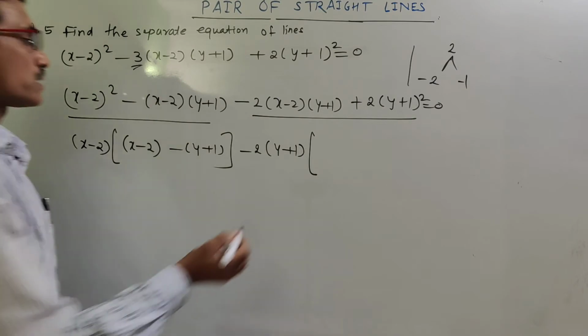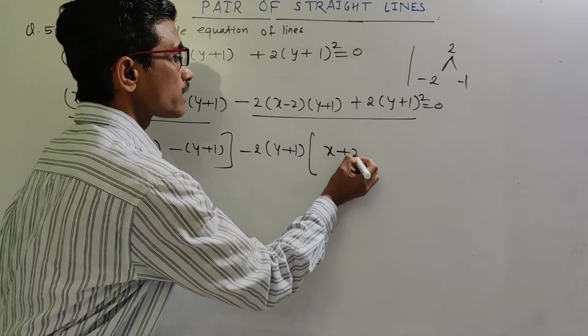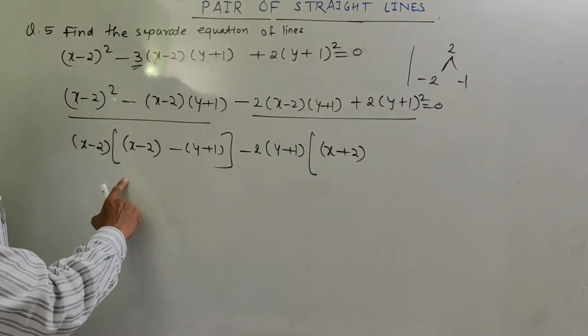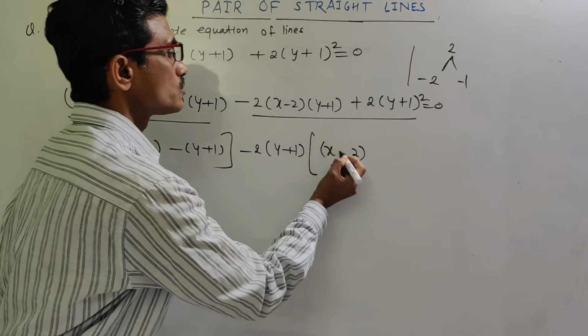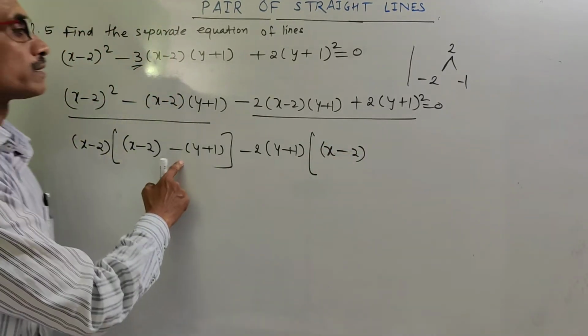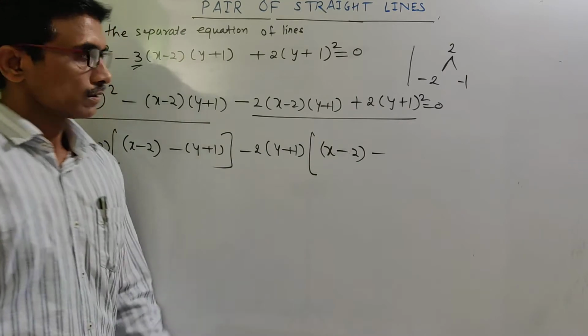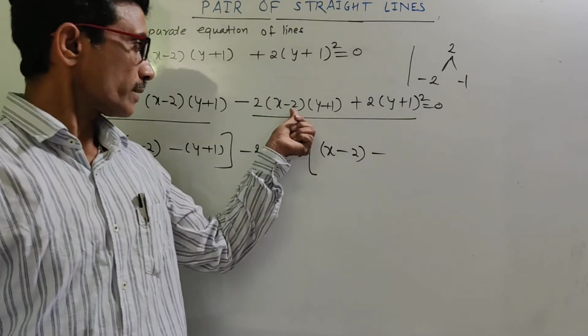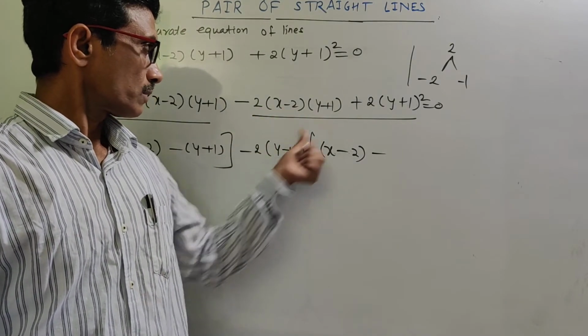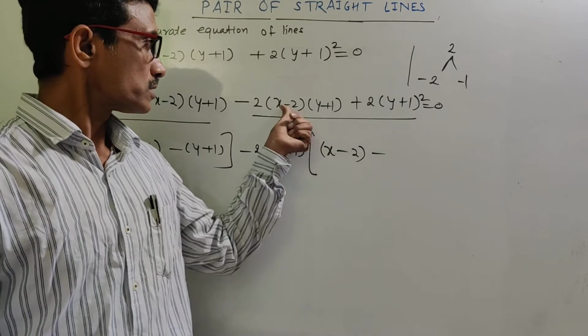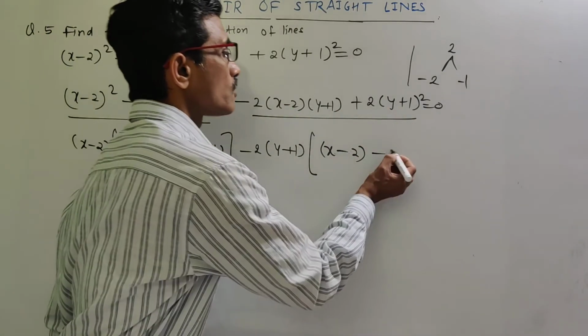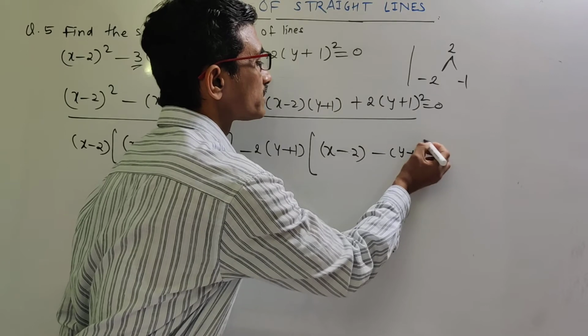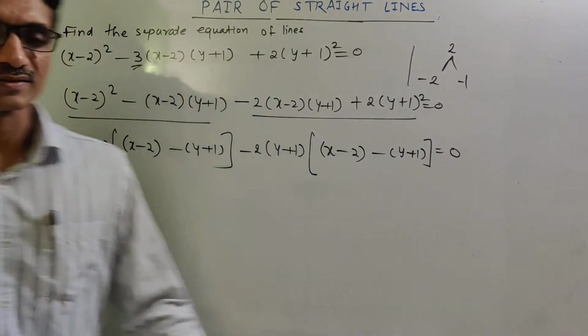So that x minus 2, same we will get x minus 2 and minus, see we will take 2 times of x minus 2 minus of y plus 1 common. So this is left and here minus of y plus 1 is left. Right hand side is 0.